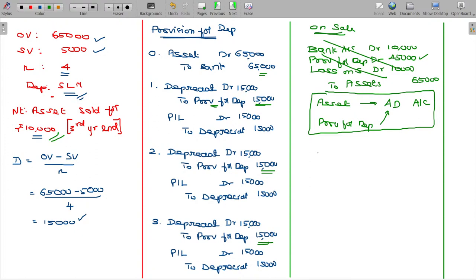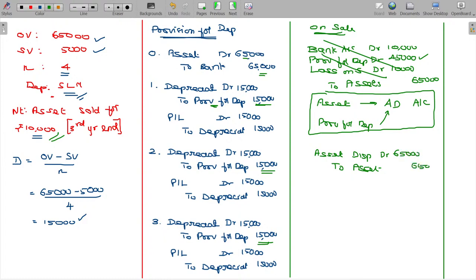Asset account usually has a debit balance. On disposal, it is transferred to asset disposal account. Asset disposal account debit to asset account. Original value of the asset here being 65,000.